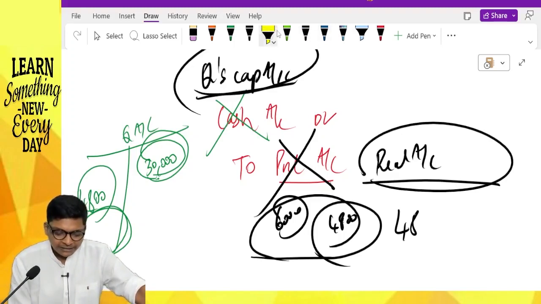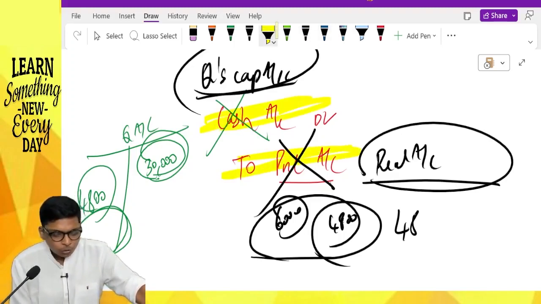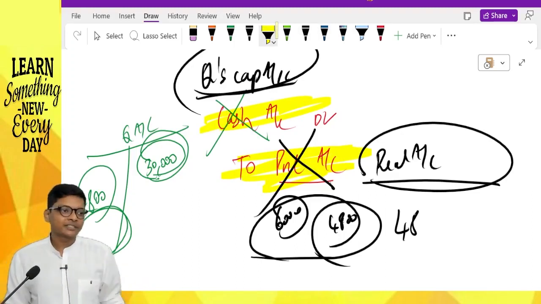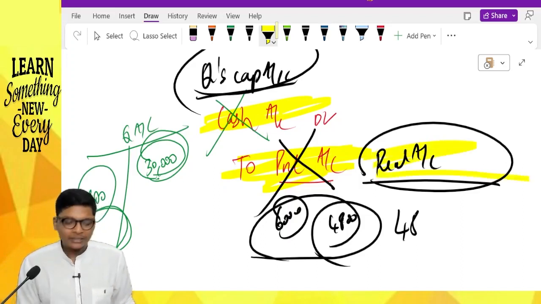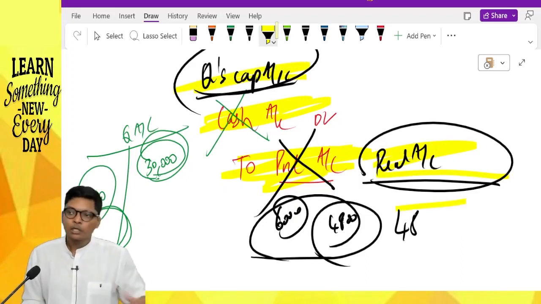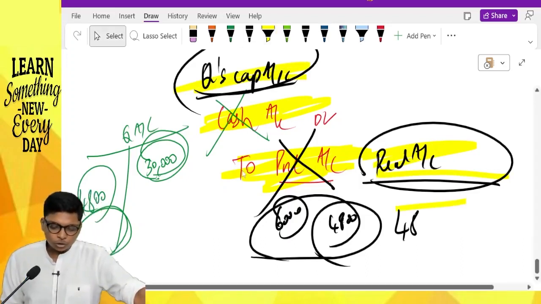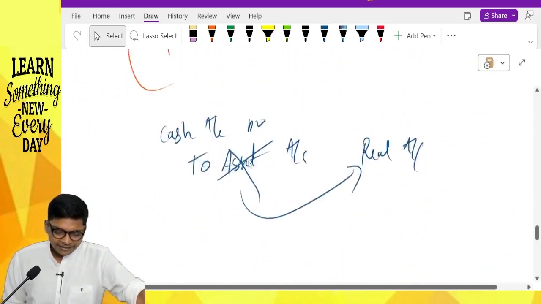See, what is the normal entry? Cash account to P&L, correct? So we are fully taking it to gain, so it fully becomes gain. If you sell, yes. If the partner is not taking it, it will be cash account debit to realization account, but because the partner is taking it, it is Q's capital to realization. Got it, guys? So go and post in the respective places.